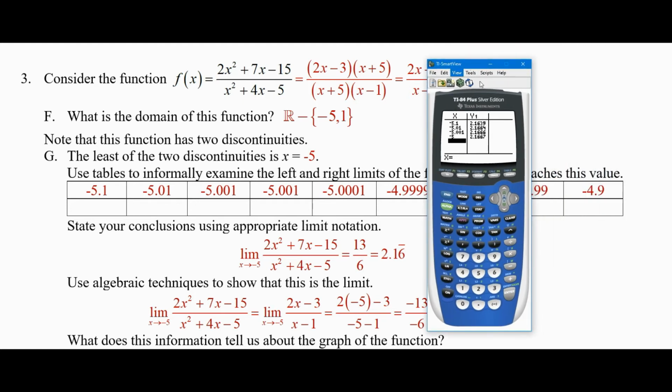Okay, and by putting the cursor on the value here, I can see even more digits.